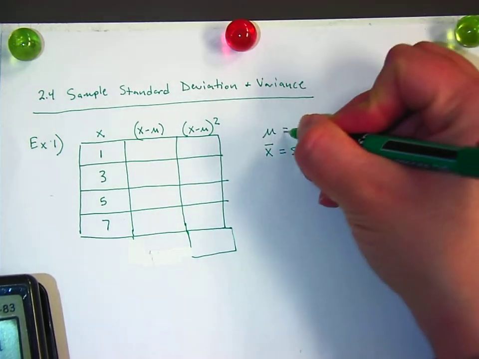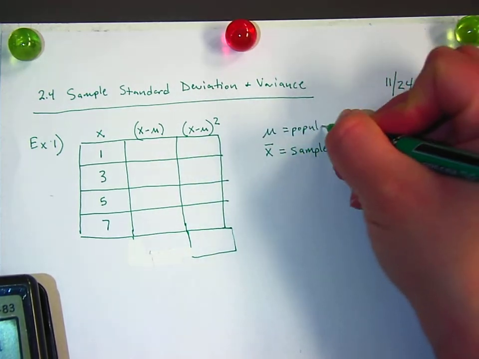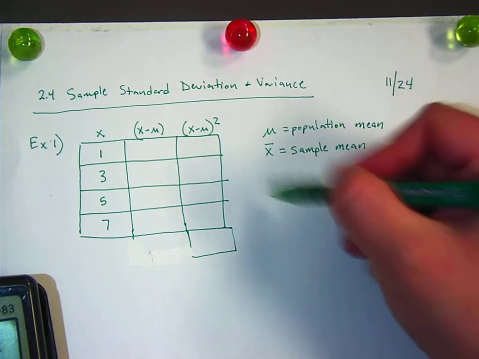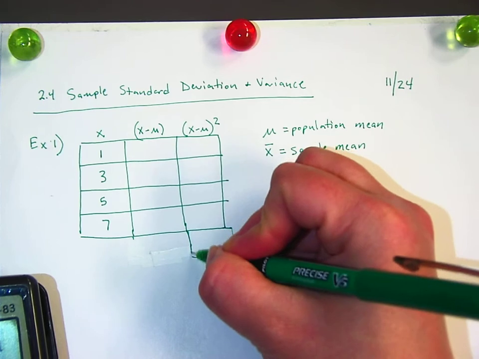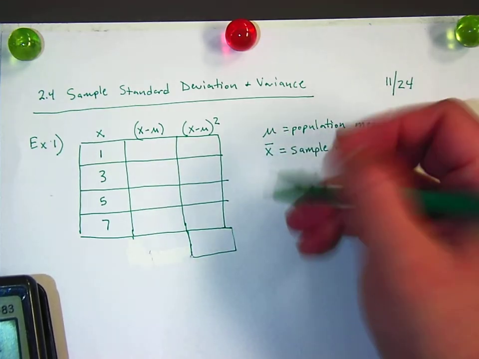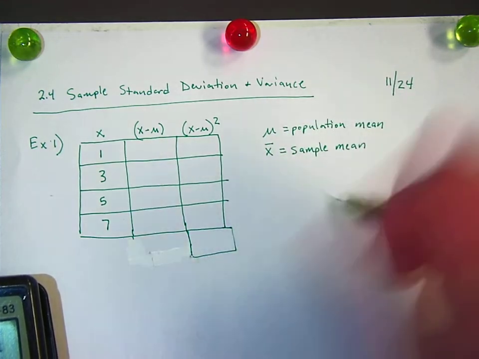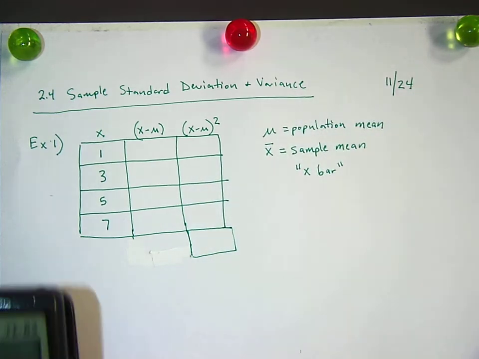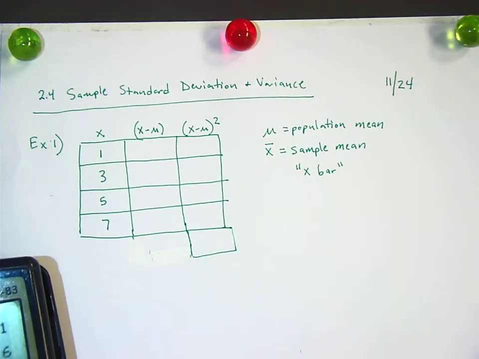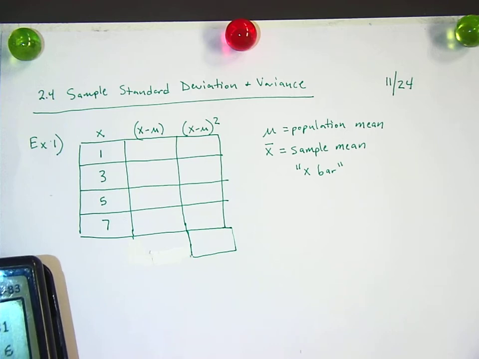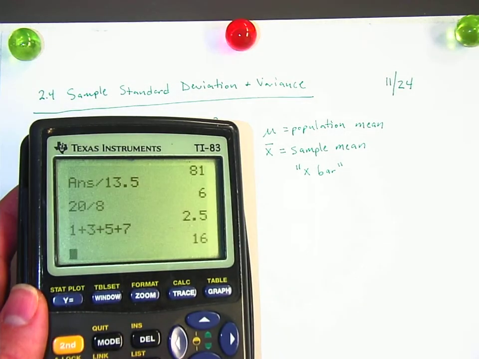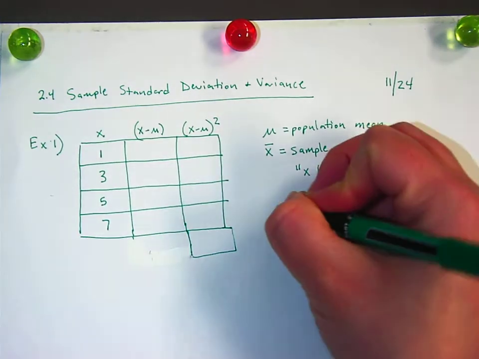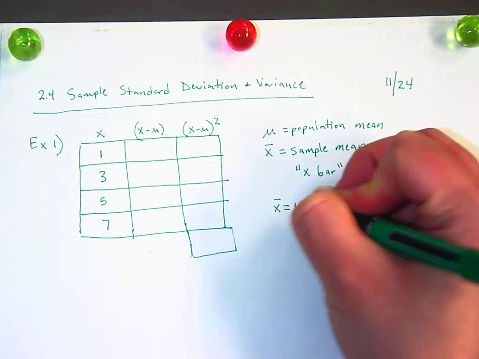So mu is a population mean, and X bar is a sample mean, but really they're the exact same thing, same way to figure it out. Just the different letter notates that we're talking about a sample or a population. So I'm going to add up 1 and 3 and 5 and 7, and then divide by 4, which is 4. So my X bar for this is 4.